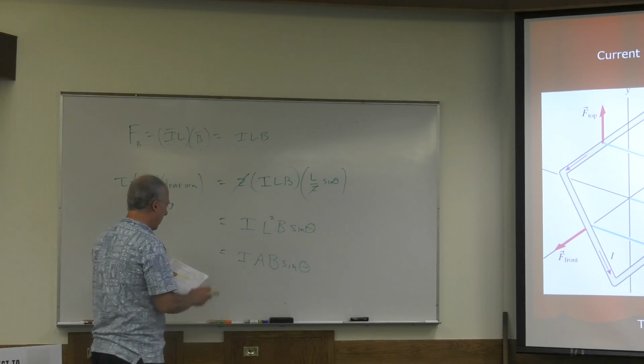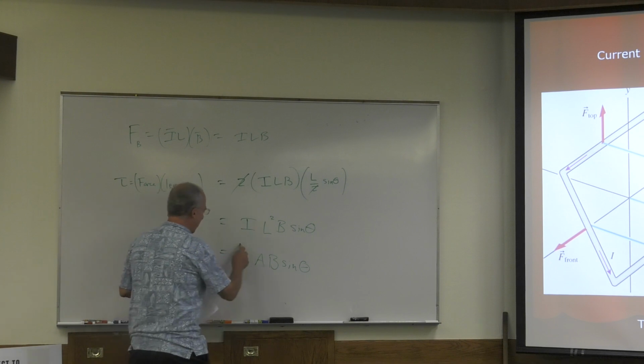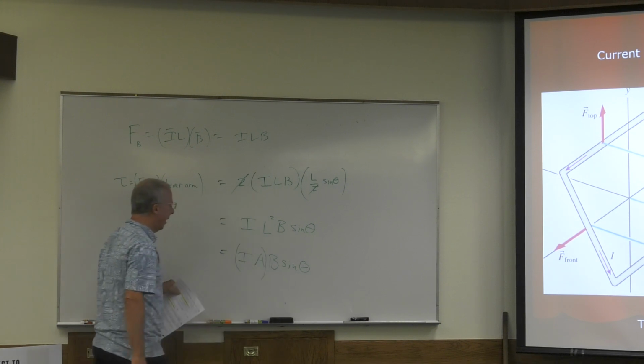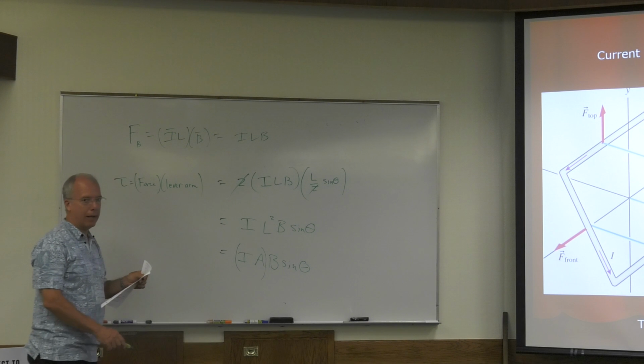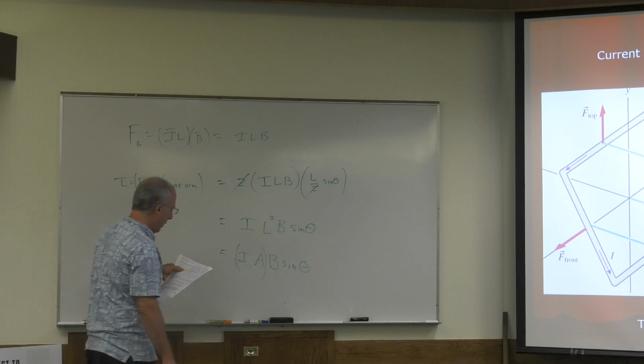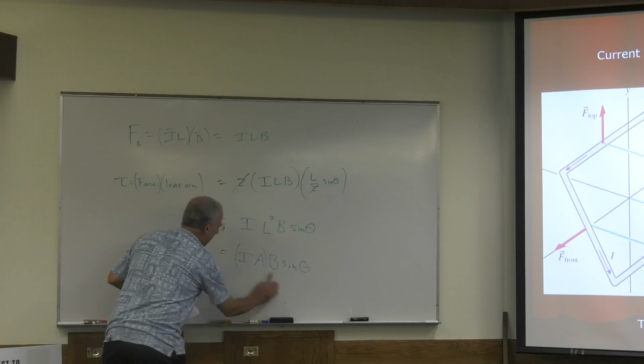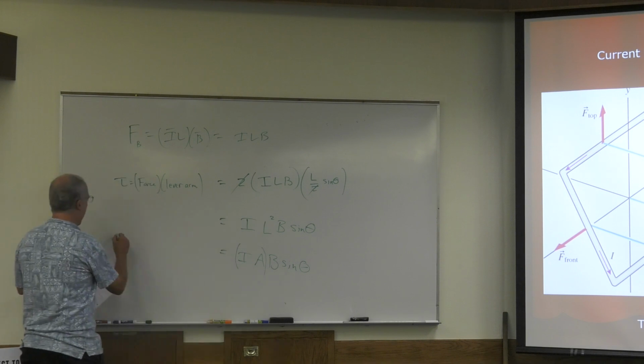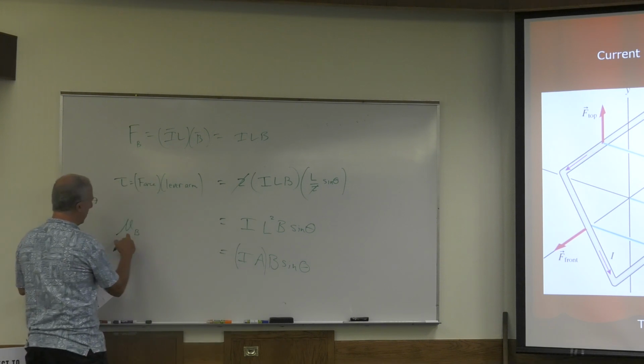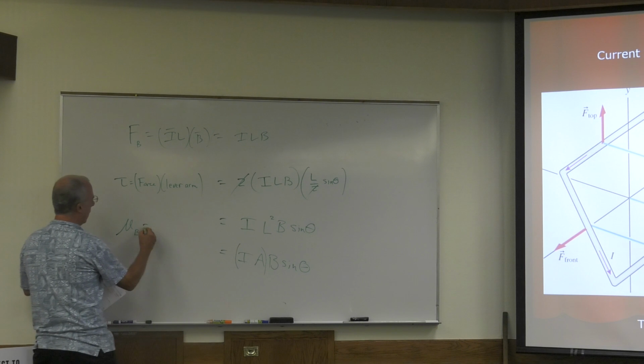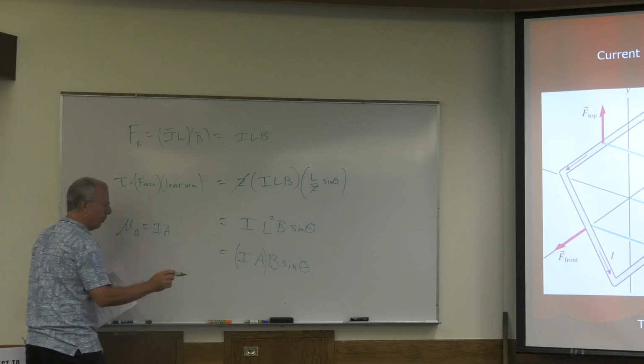And for reasons which you'll see in a couple minutes, I can put parentheses around the I and the A, and people give that a name. They call it a magnetic moment. That's a mu, the Greek mu, I A. We'll use it, don't worry.